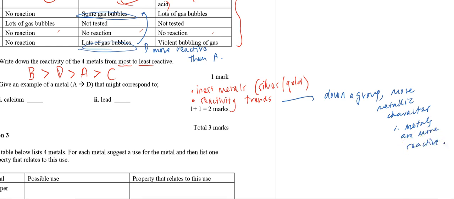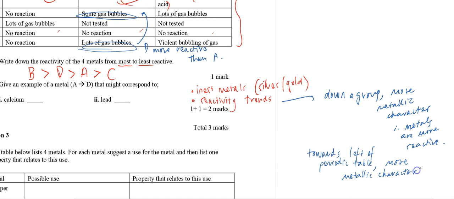You also need to know that towards the left of the periodic table, you have more metallic character or more reactive metals again.